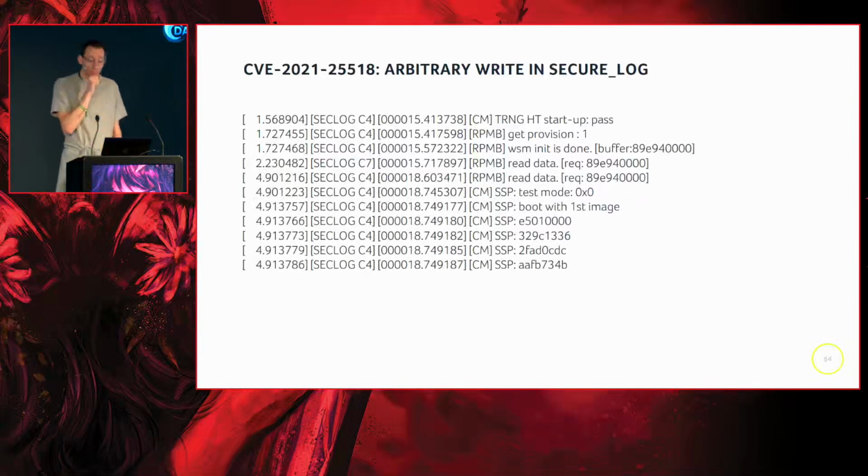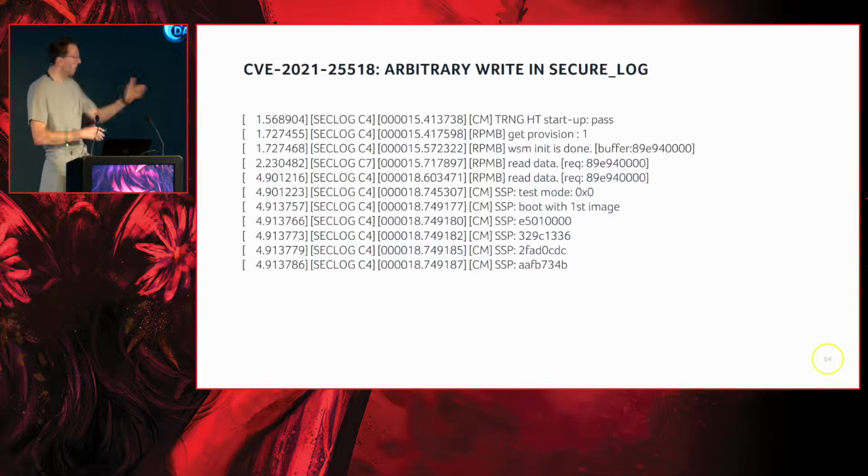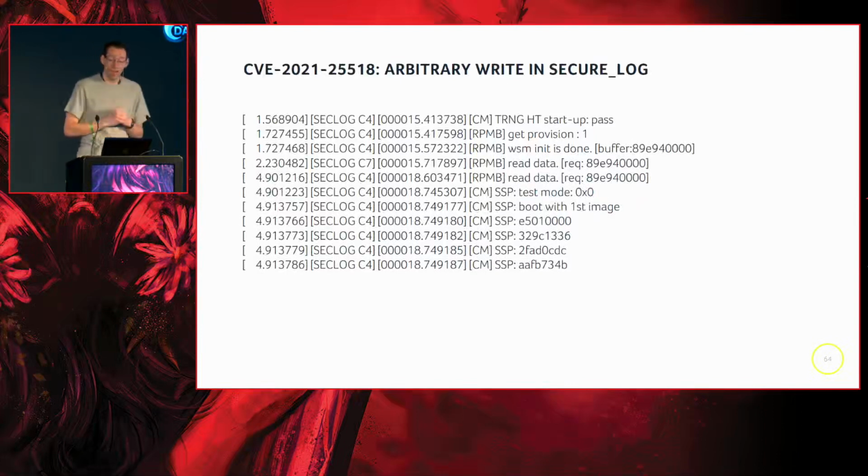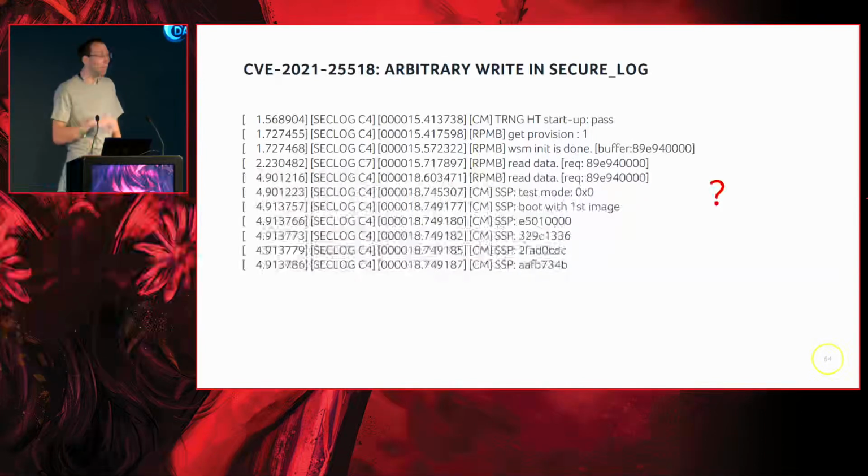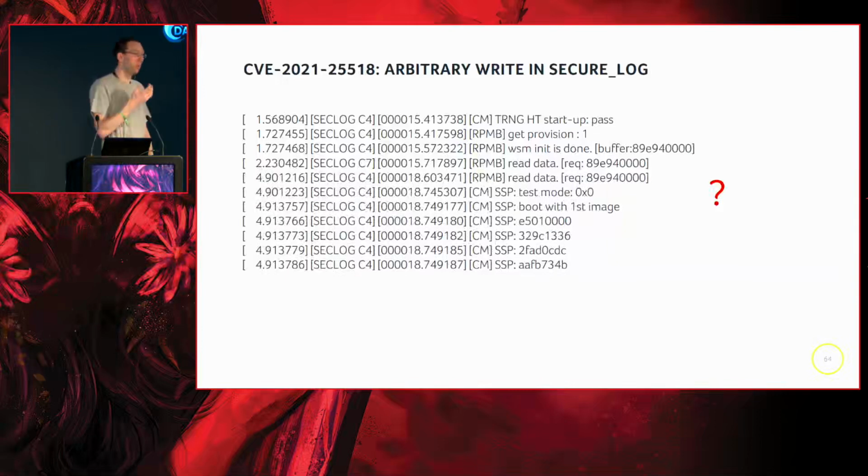So we have, for example, seen messages about the RPMB initialization, where we register some world shared memory. The non-secure side provides the address where we want to have this shared memory. Well, the loadable firmware is nicely saying a message, I have registered your shared memory, and here you can find it. Well, how is this actually working? How is it possible that something from the secure world can write to the kernel log on the non-secure side?